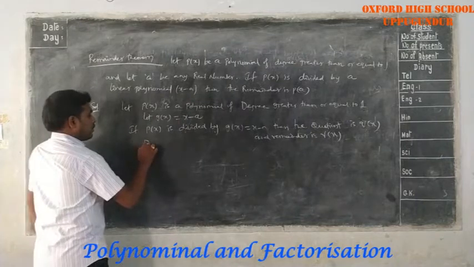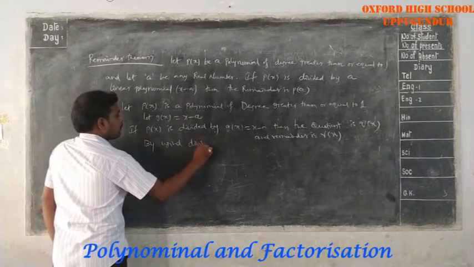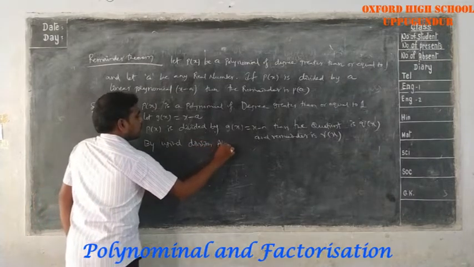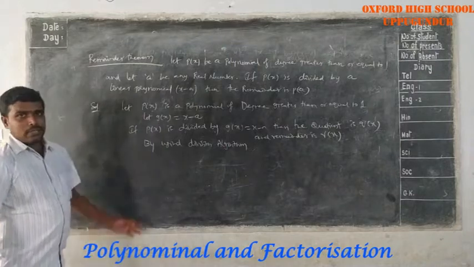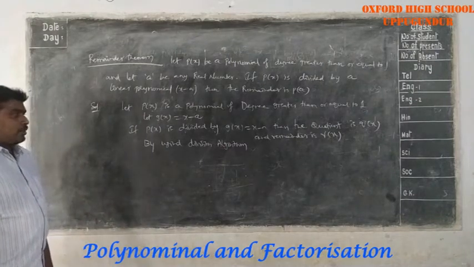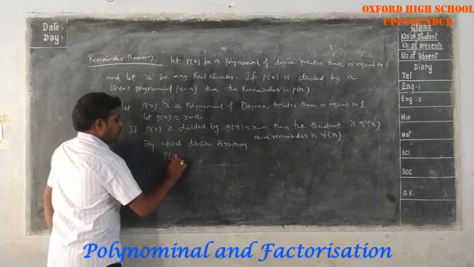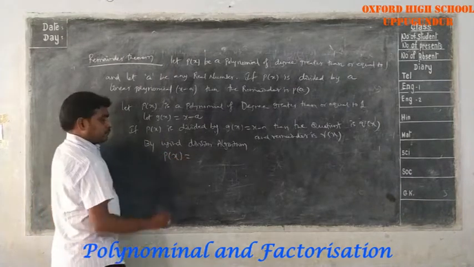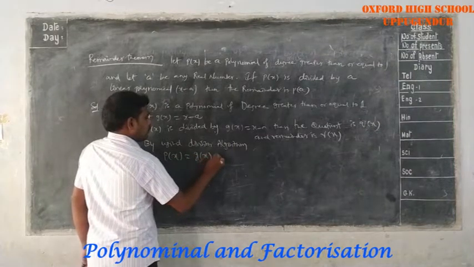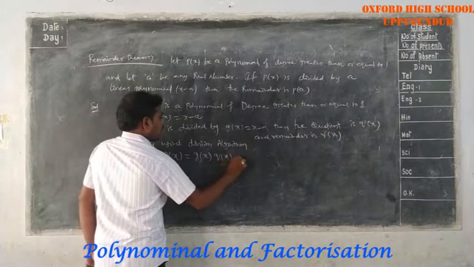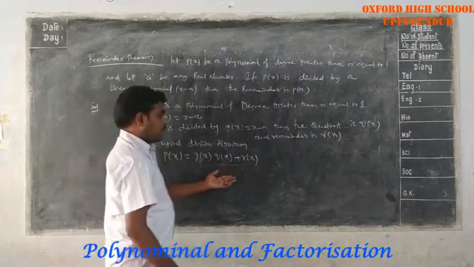So, by using the division algorithm, what is the division algorithm? We have dividend equal to divisor into quotient plus remainder. What is the dividend? P of x equal to g of x into Q of x plus R of x. Here we have the condition. What is the condition?